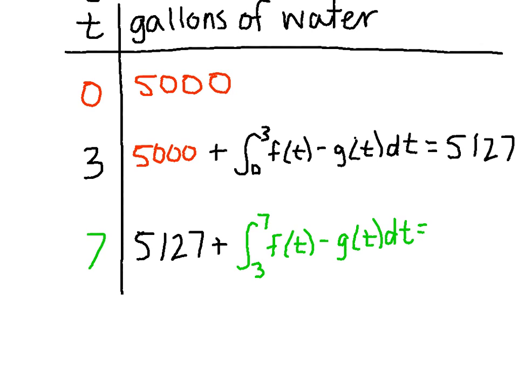As I said before, you have to be careful with g of t and make sure you use the right domain. For t equals 7, you have to use g of t equals 2,000, and that will give you the right answer. When you solve this, you find out that it has 4,387 gallons of water at t equals 7.